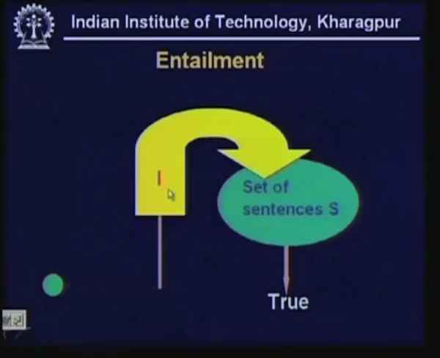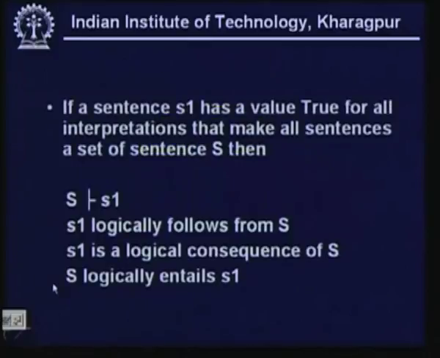Now suppose we apply the same interpretation to this new candidate sentence, and the same interpretation also makes this sentence true. Then we can say that these set of sentences logically entail this sentence. These set of sentences, when true, will also make this one true. That is called logical entailment.